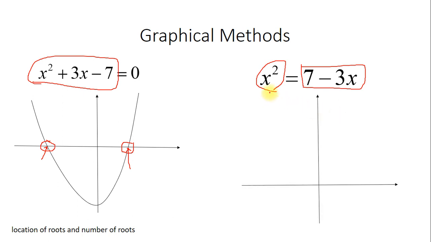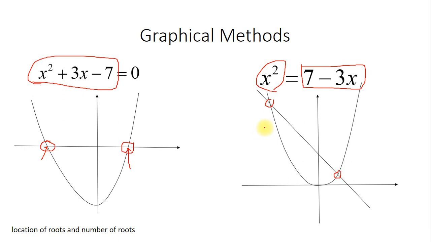Now, this graph will be this, y equals x squared. And for this side, you will draw y equals 7 minus 3x, which is a straight line. So can you see there are 2 points of intersection here and here, which means there are 2 real roots for this equation.